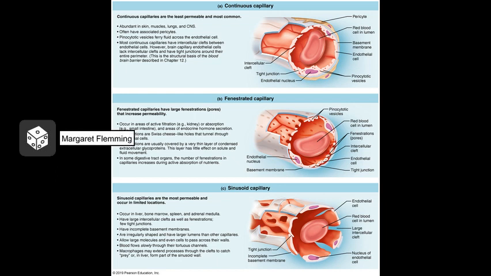Next, let's talk about the fenestrated capillary. Now, these are really cool capillaries because they're even leakier than the continuous capillaries. They still have our intercellular cleft, but in addition to that, they have these pores or fenestrations that are holes, if you will, or windows that go all the way through the endothelial cells.